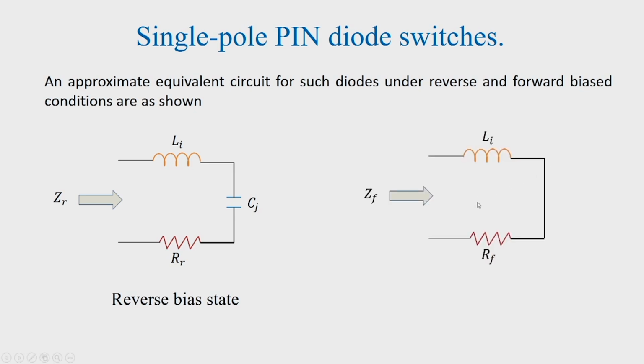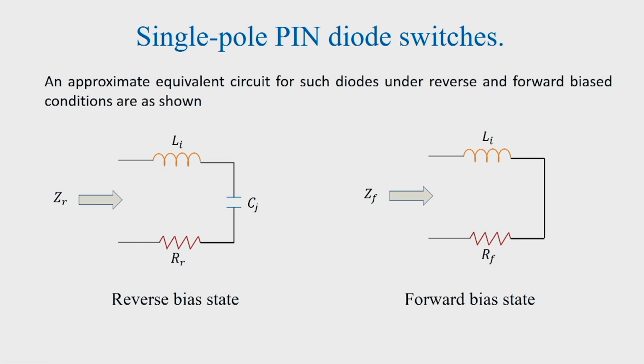In the forward bias condition, as we have said, this Cj is not there and the resistance value of the device also changes and it is represented by Rf, and therefore, the equivalent circuit becomes Li in series with Rf.